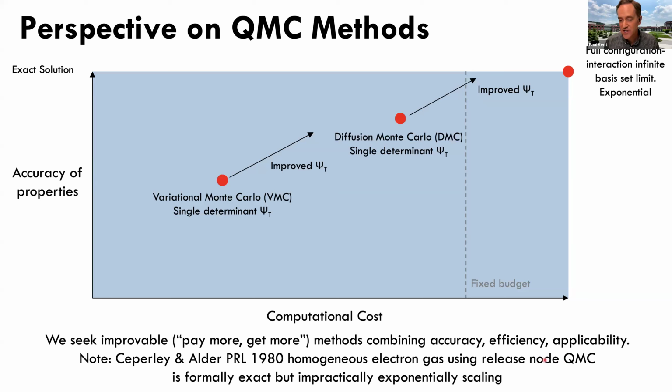The thing about release node quantum Monte Carlo is that it is also formally exact, but again, a little bit like full CI, but for different reasons. It's impractically exponentially scaling. So it is too expensive to apply to, I think, much more than a beryllium atom, even today. So it works for some model systems, but is not applicable to ab initio systems, unfortunately.